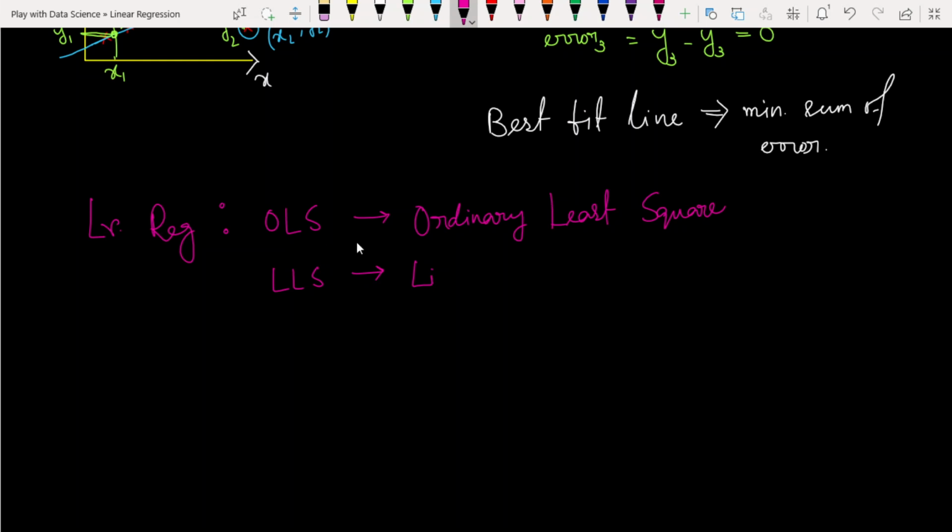In one book it is written ordinary least square and in another linear least square. Don't be confused about these two terms; both are equal.